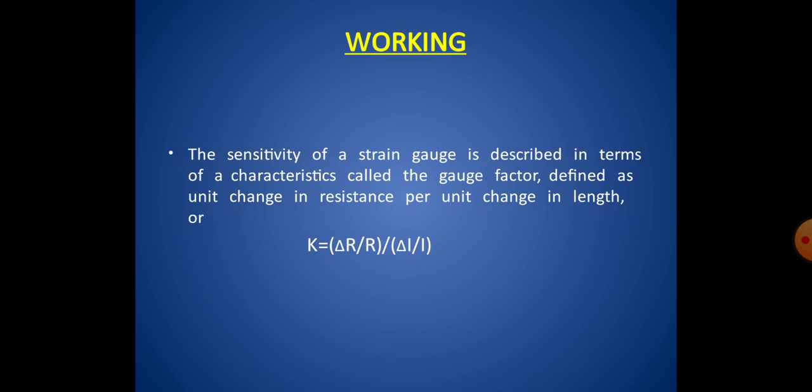Suppose a component is 100 mm and we apply a force, and the final reading after applying the force is 102 mm, then 2 mm is the change in length. So the strain delta L by L and delta R by R can be calculated, and from that we can calculate the sensitivity, that is K.